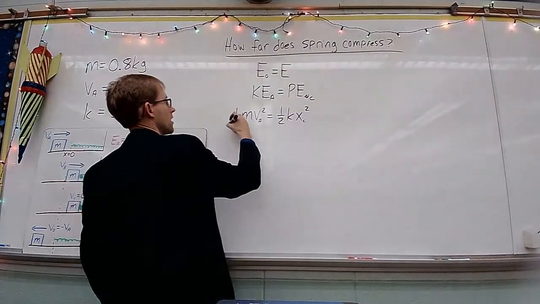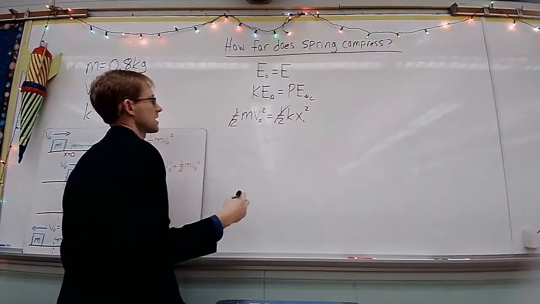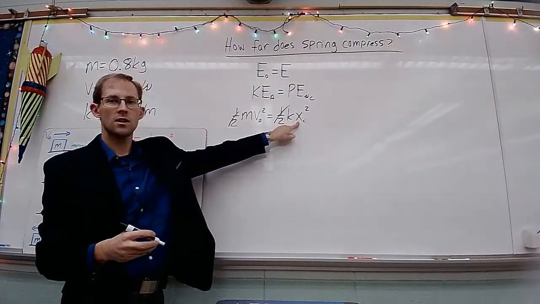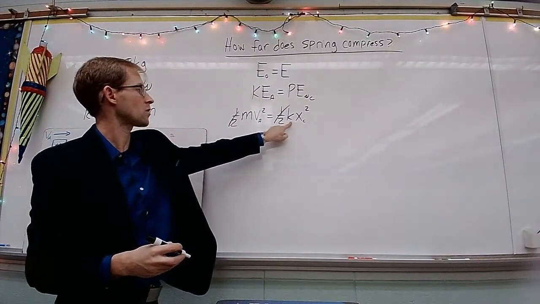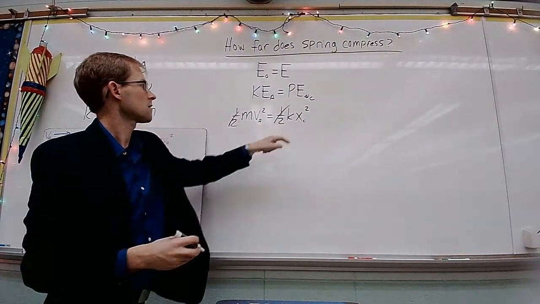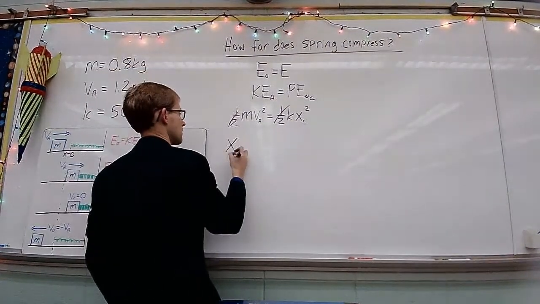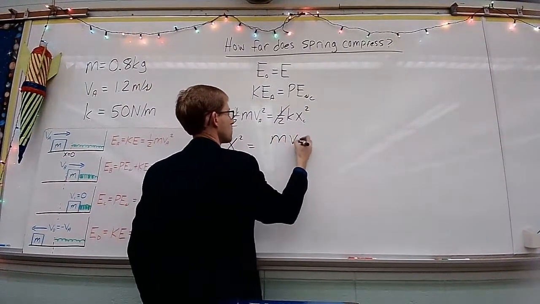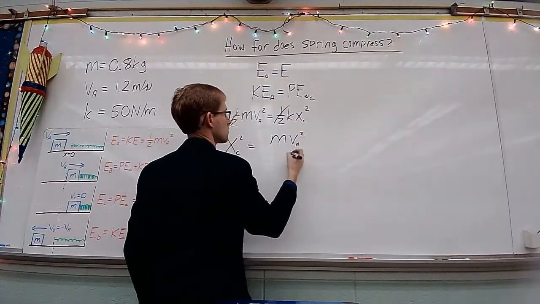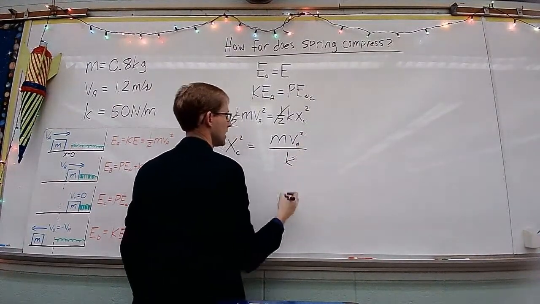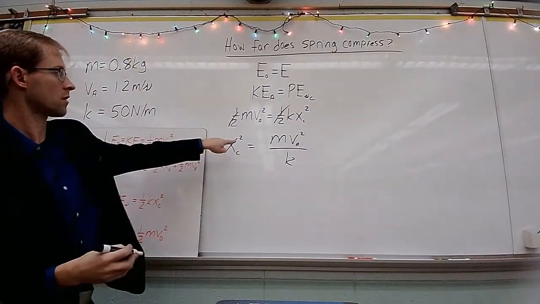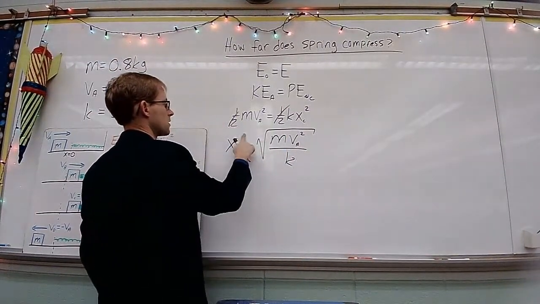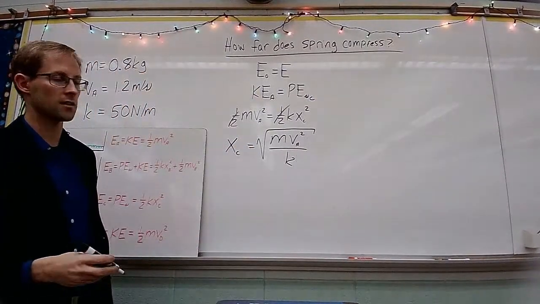I'm going to go ahead and get rid of these 1/2s here. And in order to isolate my compression distance, I have to divide both sides by K. And then in order to get rid of the square, I can take the square root of both sides, and that would be my expression.